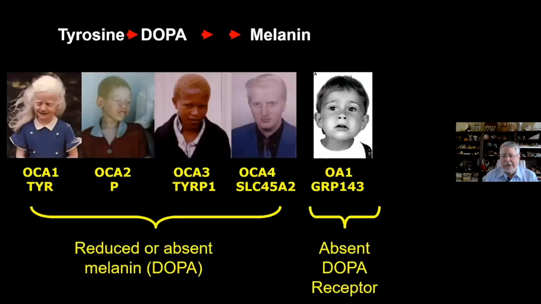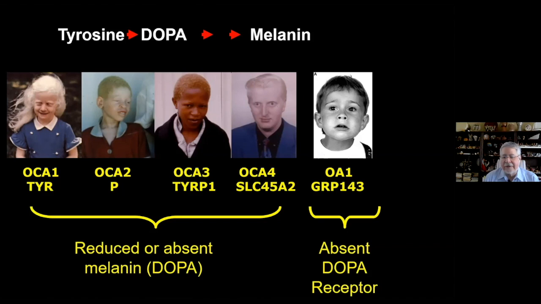And if we look at the different forms of albinism, what we find is that in all forms of OCA, there's reduced or absent melanin. And that melanin, as I said, is made from the amino acid tyrosine. So tyrosine is the initial building block for making melanin.